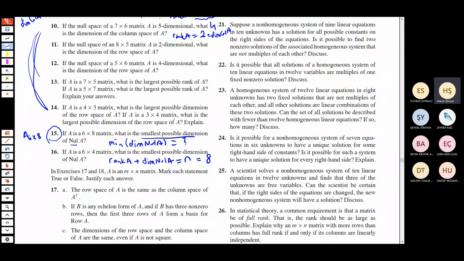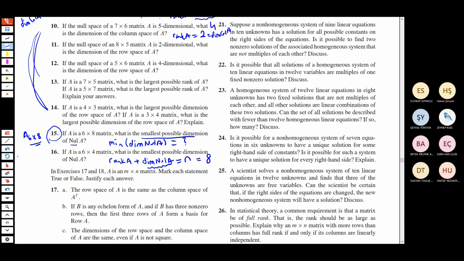So our purpose is to find the minimum value of the dimension of the null space. To get the minimum value, rank A should be maximum, right? What is the maximum value of rank when we consider the size?